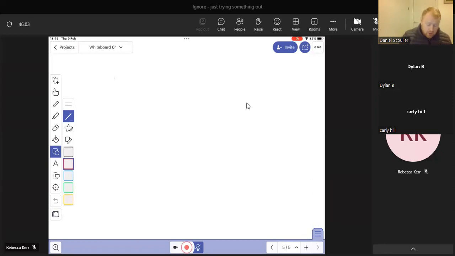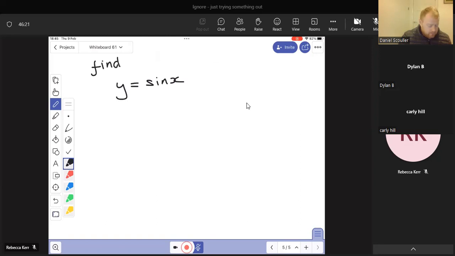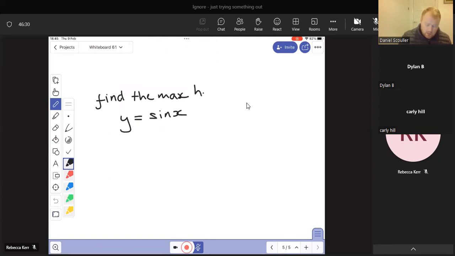So if we've just got y equals sine x, for instance, and we are asked to find the maximum, so say find the max height of sine x.